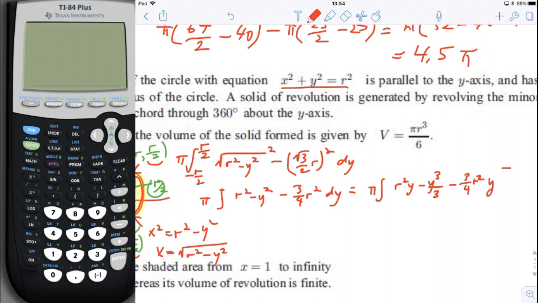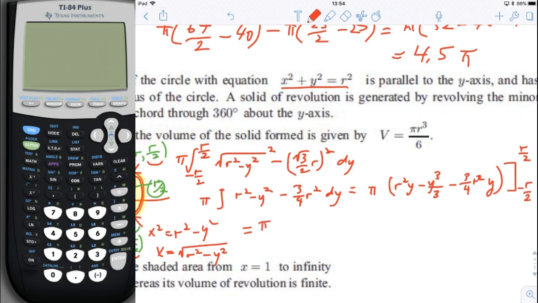And then I've taken the integral of everything, so why did I write the integral there? I wasn't supposed to. Okay, and then I'm going to put the limits of integration here finally, the same thing I put before, negative r divided by 2 to positive r divided by 2. And now I'm going to substitute in the r over 2 and the negative r over 2 for the y's.